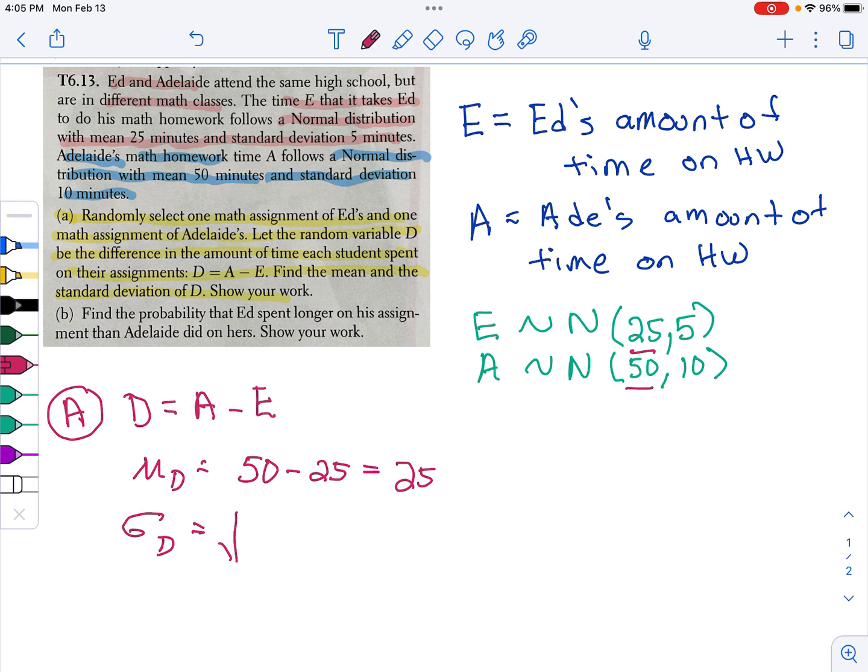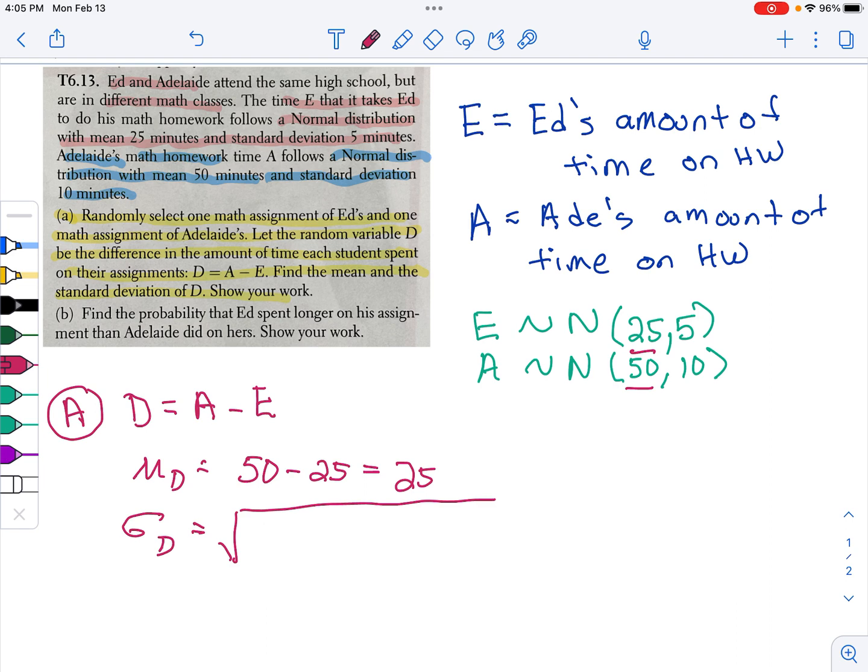So here, we want to find the standard deviation of the difference. To do that, we were given standard deviations, but when you combine random variables, you have to use the variance.